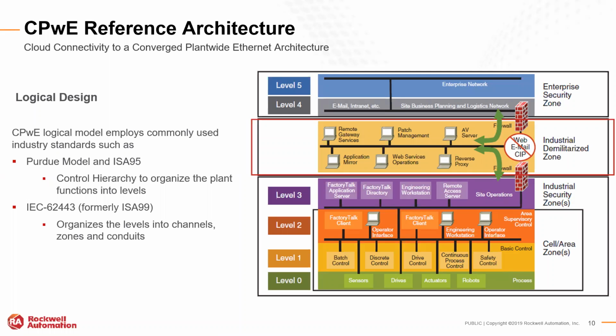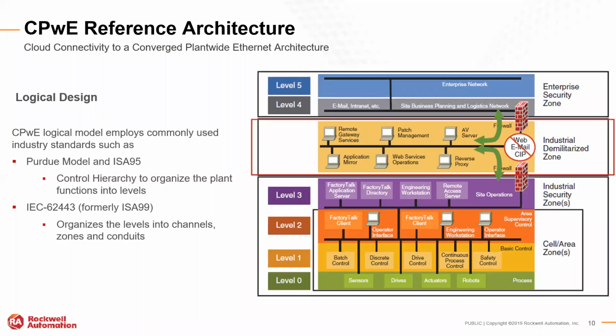So this is a more logical layout of the CPwE. Again, this is a structure of what the CPwE looks like based on a logical design. This design follows the Purdue model as well as ISA 95. Again, it's very hierarchical, starts at level 0 and works its way up to level 5.